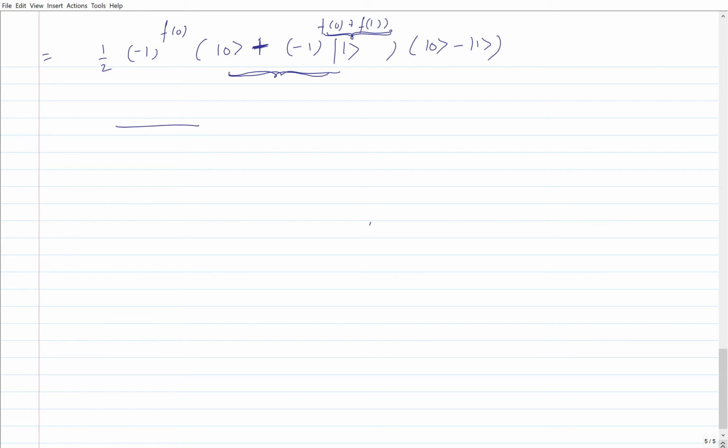That's how I'm able to extract information from the function, paste it onto the phase, and when I measure this qubit in some basis, that's going to determine the value of f0 plus f1, or whether the function was balanced or constant. If the function is balanced, then the phase would be minus. If the function is constant, then either this value is going to be 0 or 2, and then this relative phase is going to be plus.